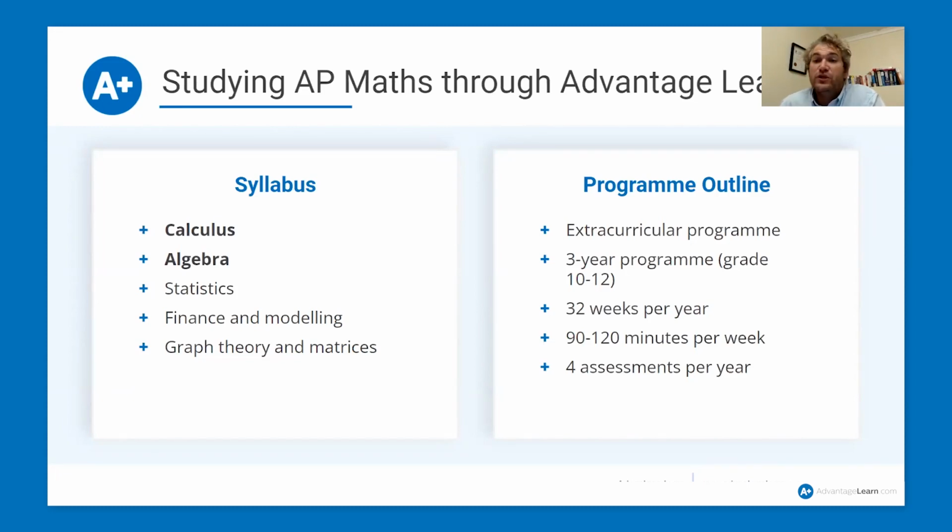There are 32 weeks of learning per year, and the level of effort per week and the length of lessons or prescribed work per week is between 90 to 120 minutes per week. That's the level of effort that you can expect in the program. And then there are 4 assessments per year.